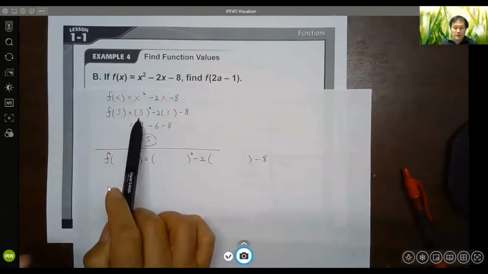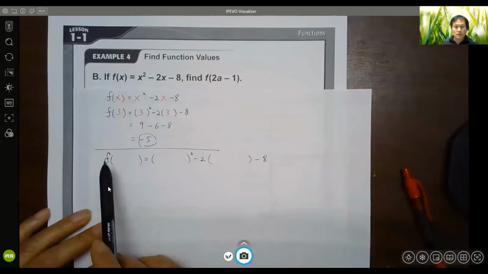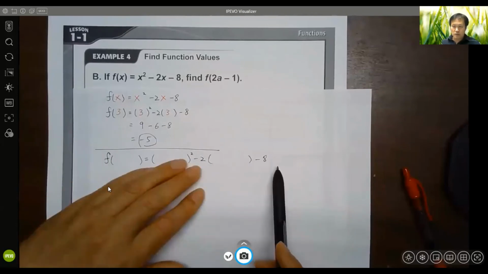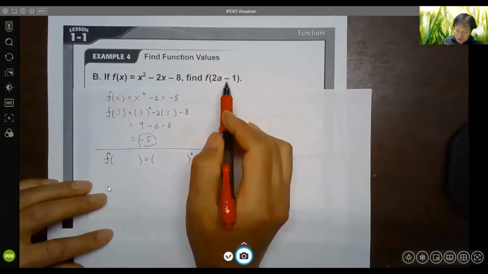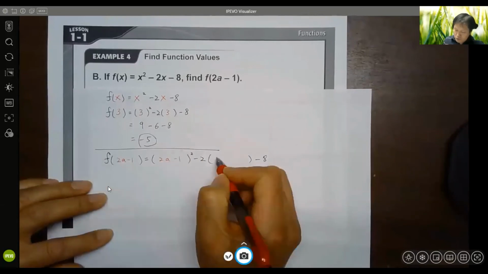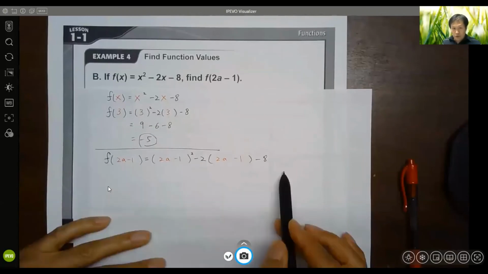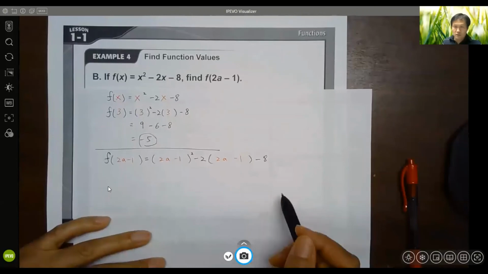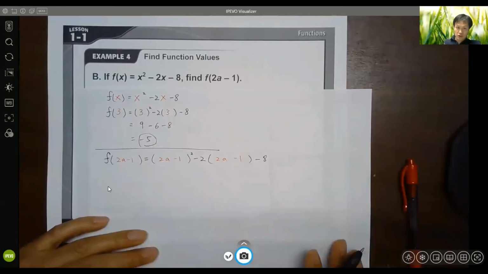I did exactly the same, except I made the parenthesis a little bulky, because this 2a minus 1 needs a little more space. So if you understood this setup, that's how you start. Then you just evaluate, combine like terms, that's how you finish it.